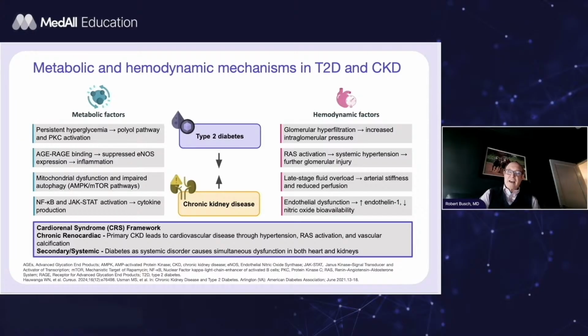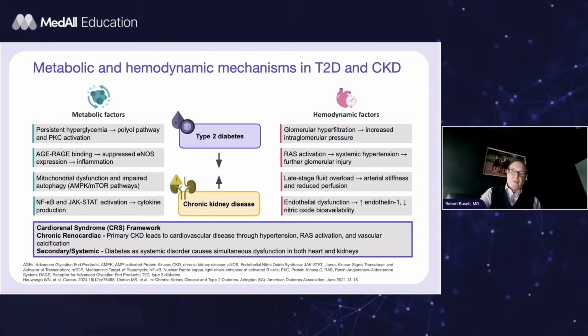Now, what are these factors going on? Well, you have hemodynamic factors on the right. So if you have a vasodilatation of the afferent arteriole inappropriately, you flood the glomerulus. And if you have inappropriate vasoconstriction of the efferent arteriole, then you get worsening glomerular pressure and leakage of proteins and other factors from the glomerulus.